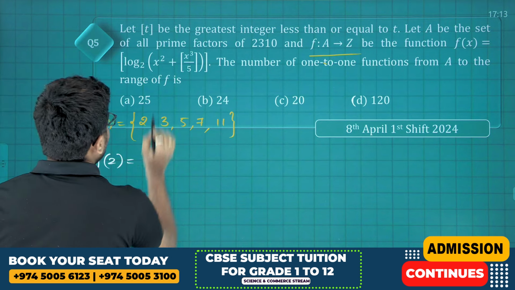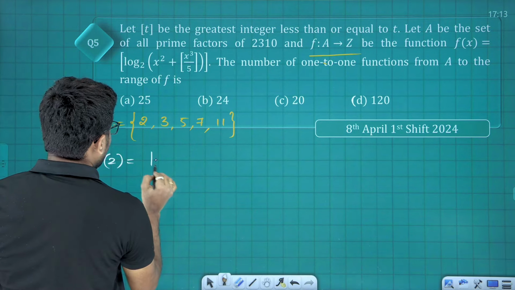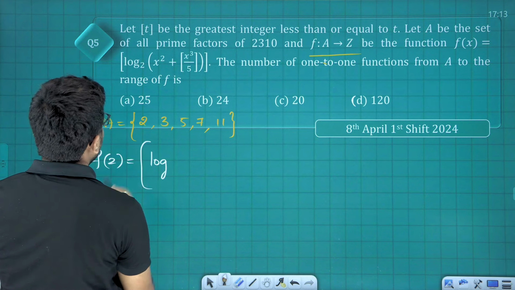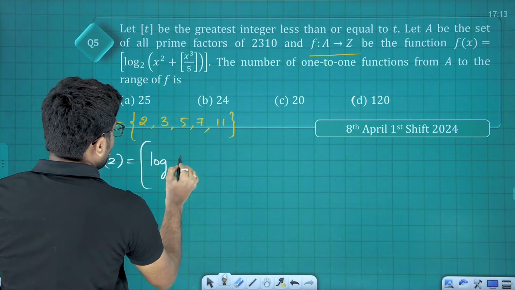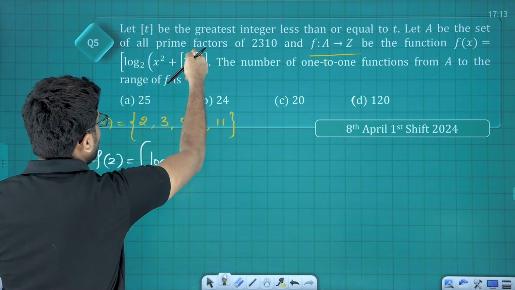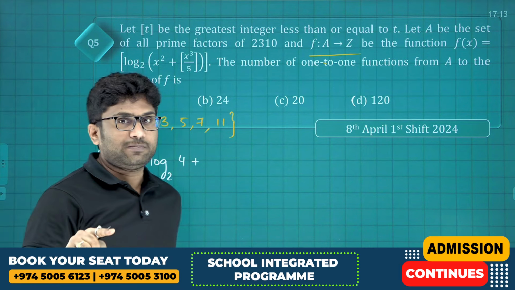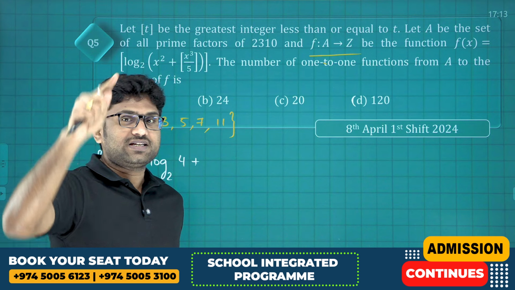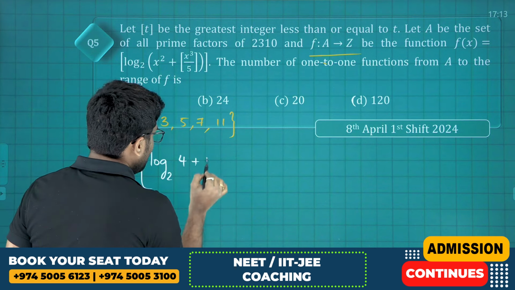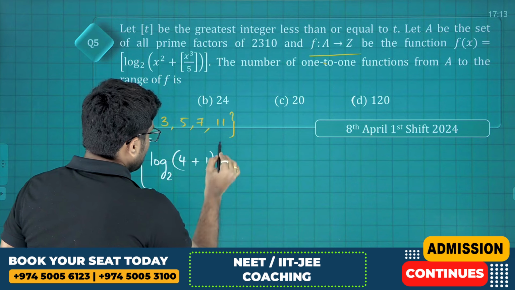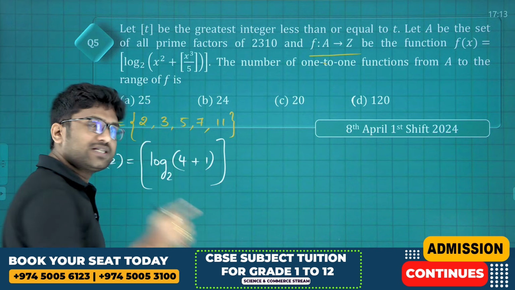What is f of 2? f of 2 is equal to step of log 2 square, 4, plus 2 cube, 8 by 5. Step of 8 by 5 is 1 point something, so 1. Clear? Now 4 plus 1 is 5.